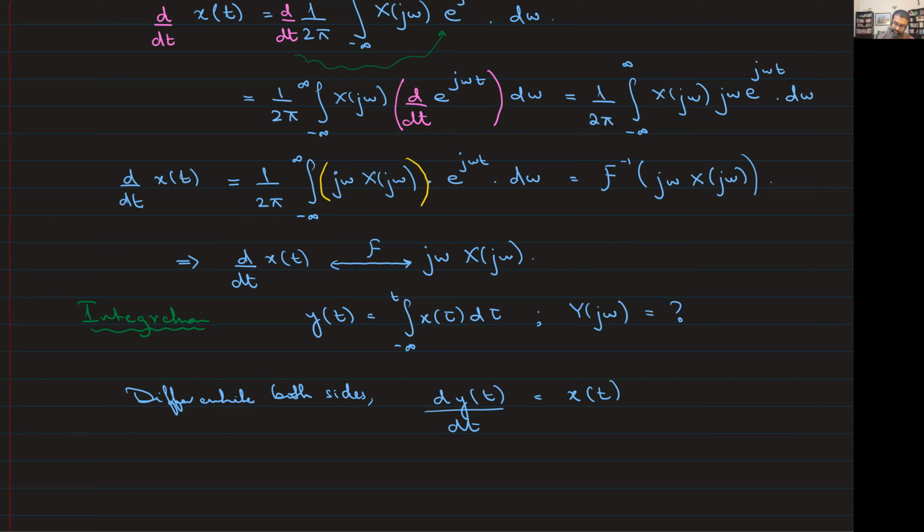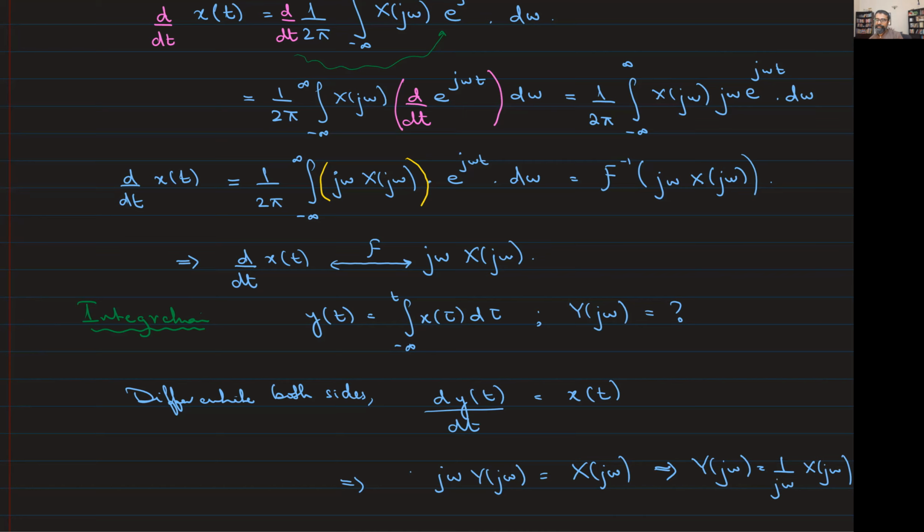And if I compute the Fourier transform, j omega times Y of j omega must be equal to X of j omega, and therefore Y of j omega should be equal to 1 upon j omega times X of j omega. So just the inverse operation. Derivative multiplies with j omega in the frequency domain. Integral does the opposite, just divides by j omega.